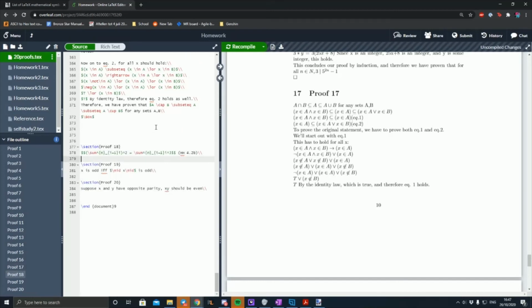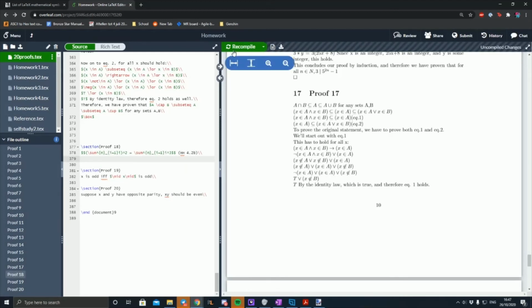Okay, three more to go. And this is from the helpful homework as well, so you should all have already done this, but I'm going to assume there's at least some people who haven't done this yet. Okay, so we will do a proof by induction.